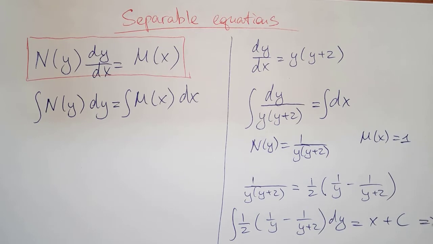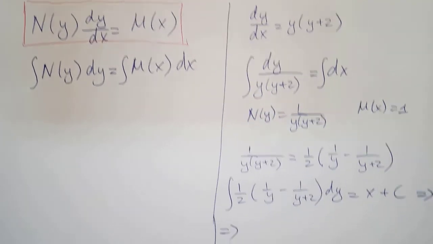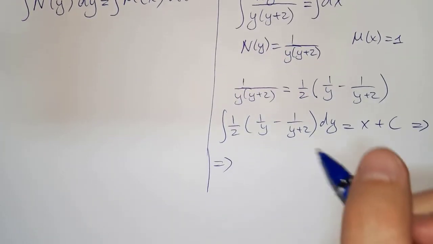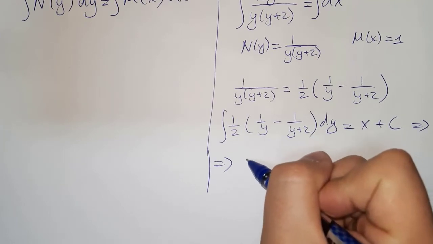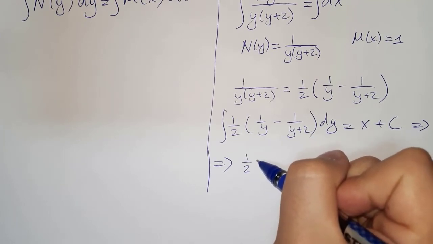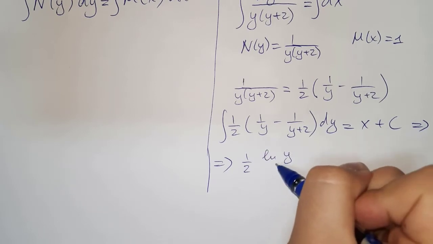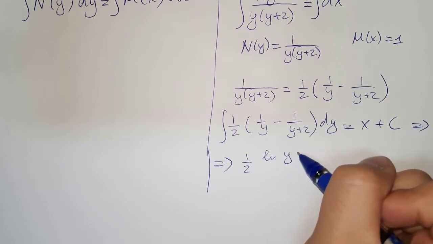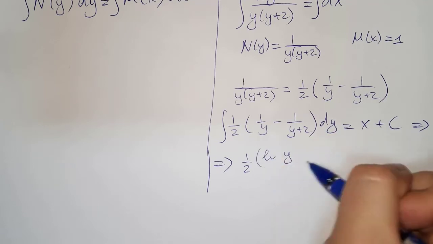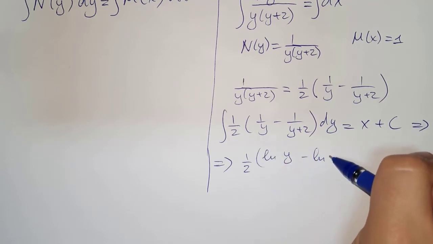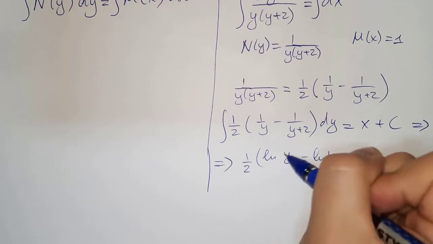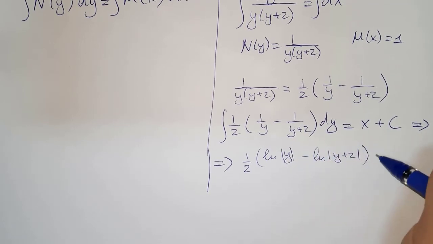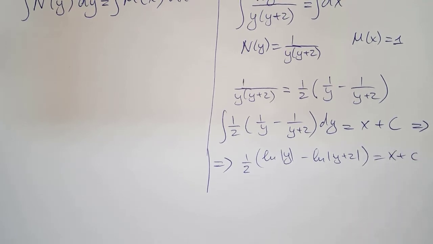So if we continue, it will be 1 over 2 times natural logarithm of y minus natural logarithm of y plus 2. Is it clear for you? And x plus c. We add the c only one time, not two times. It's a constant, any constant.